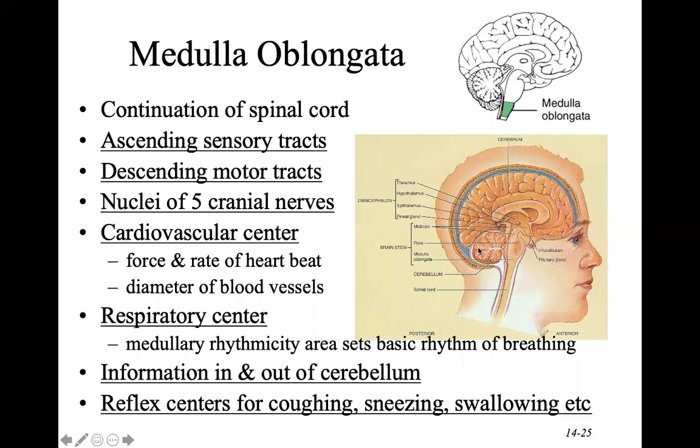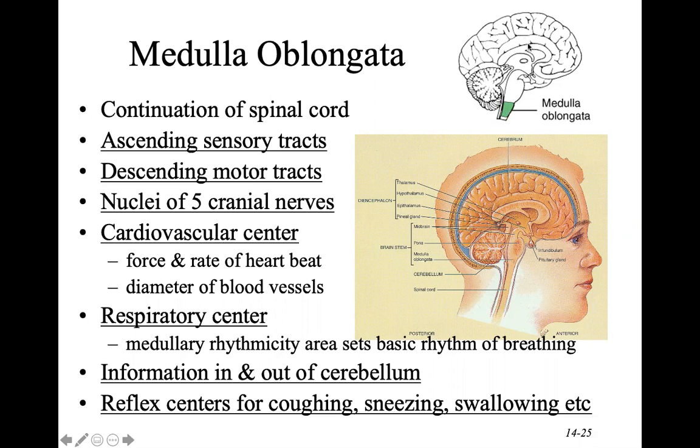And all of the information that goes in and out of the cerebellum has to go through the medulla. And all of the ascending and descending tracts, sensory and motor tracts, have to go through the medulla. So this portion of the brainstem is extremely important.